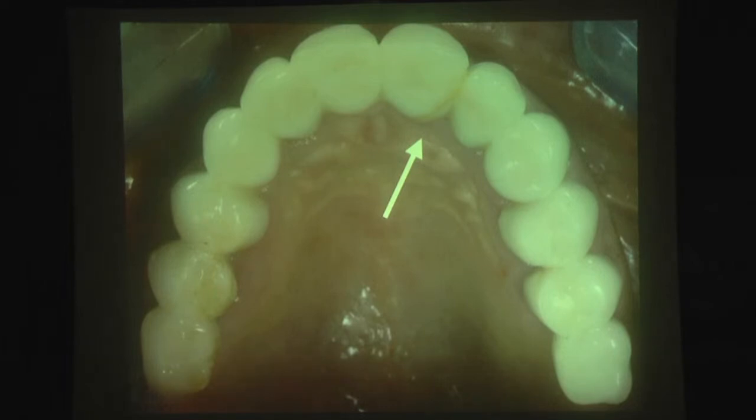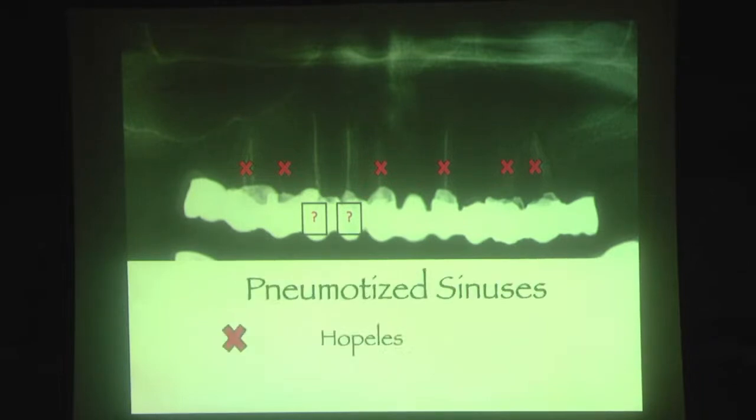Then the lady faced this kind of problem, and we made the evaluation, the panoramic X-ray, and we had 6 unrestorable hopeless teeth, but 2 could be restorable, but they had a strategic problem, an obstacle for us.